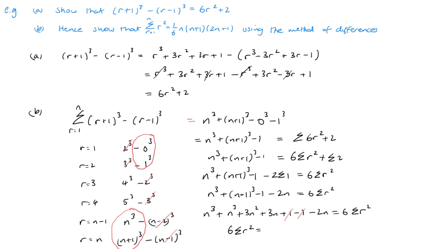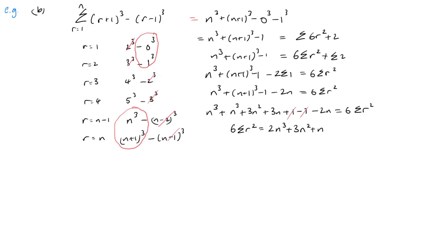So that is 2n cubed plus 3n squared, and then 3n minus n is plus n. Now let me just move my page up.